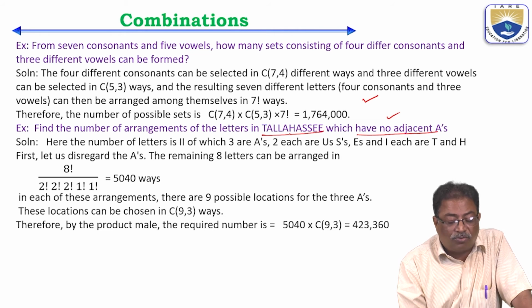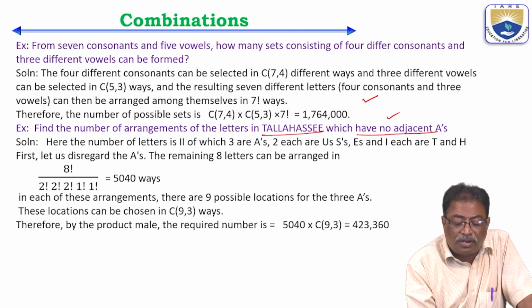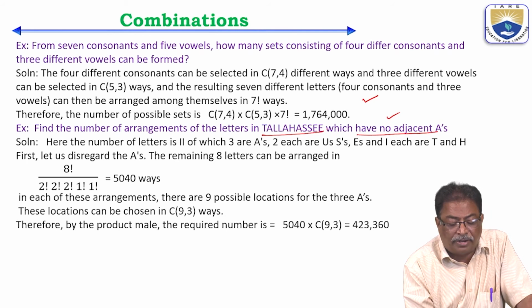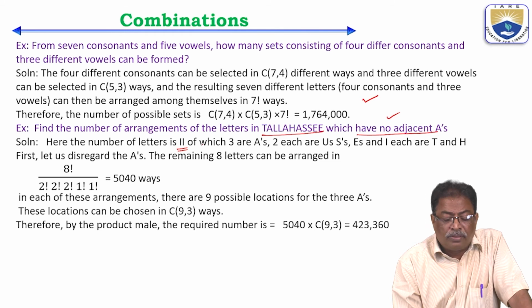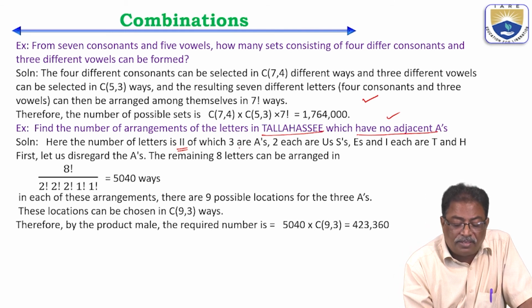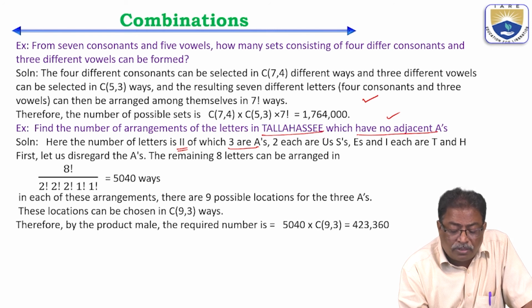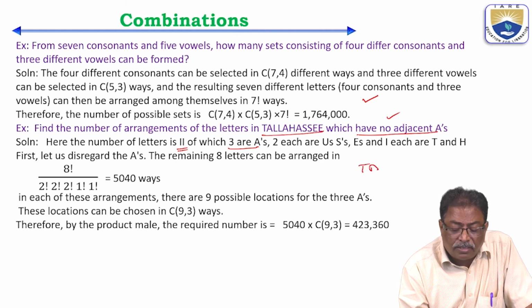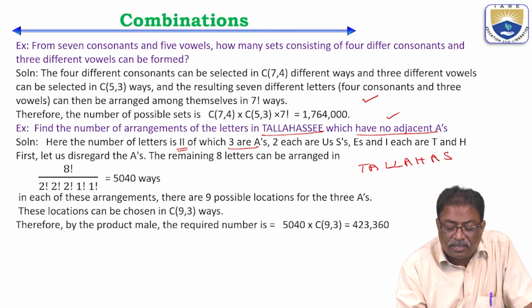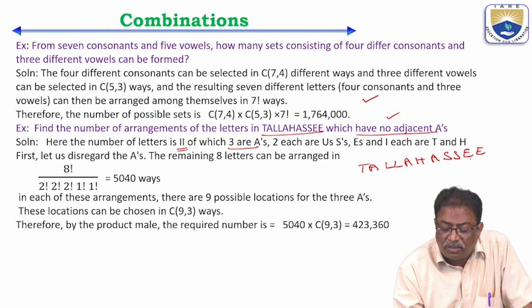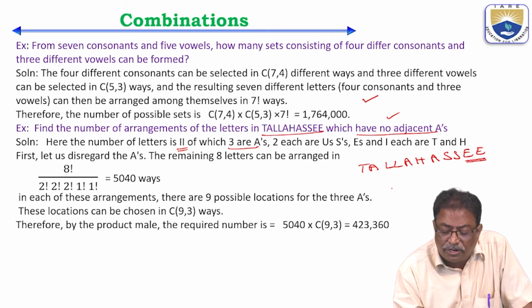Now here, how many letters are going to be repeated? There are a total of 11 letters: 1, 2, 3, 4, 5, 6, 7, 8, 9, 10, 11. Out of which, how many A's will be there? A's are 3. The word is something like T, A, L, L, A, H, A, S, S, E, E. E is only 2.